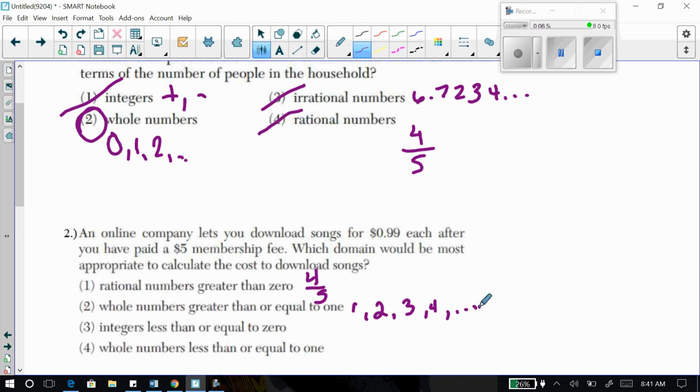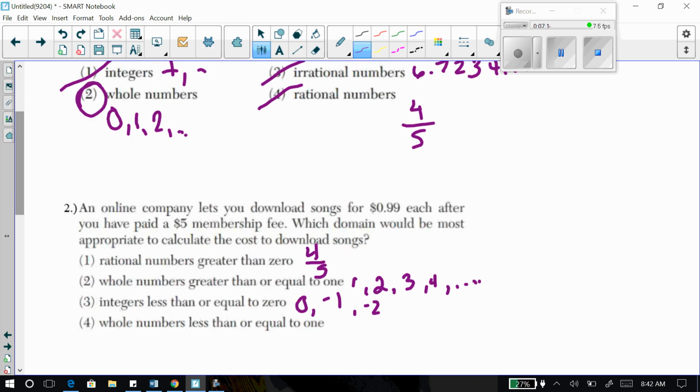Integers less than or equal to 0. So it starts at 0, and then it has to be less than 0. So -1, -2. Whole numbers less than or equal to 1. So 1, but then we have to go less than that. 0, -1, -2.